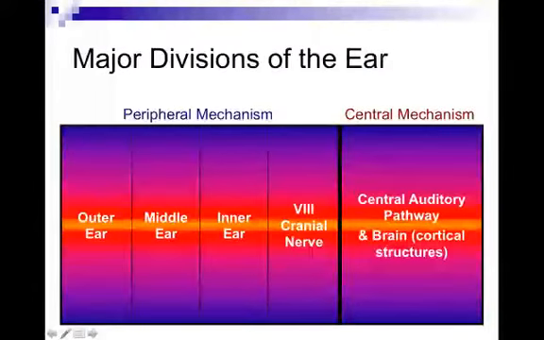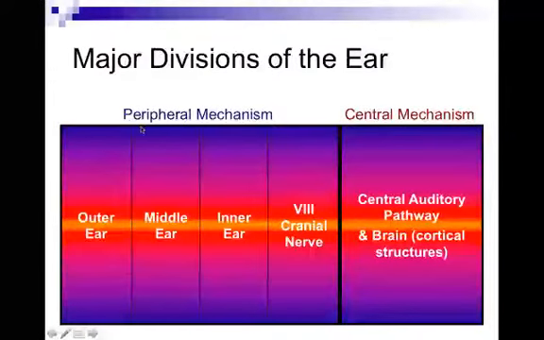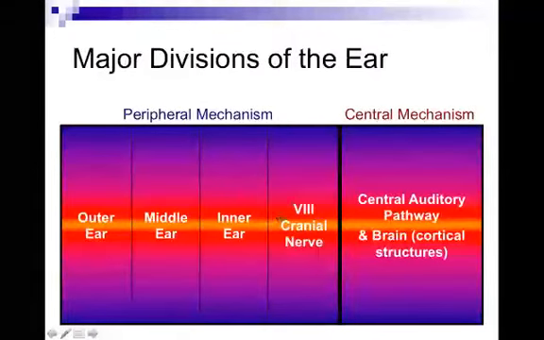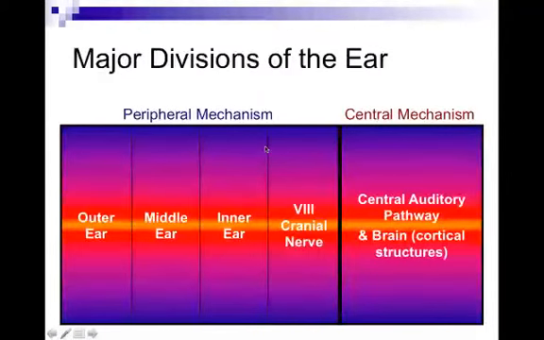So the whole auditory system can be divided into this peripheral system and the central system. We have a fair understanding of what's going on in the peripheral system. In other words, how sound is transduced, or converted, from its physical form into a form that the nervous system, the eighth cranial nerve, can understand, namely electrical pulses.